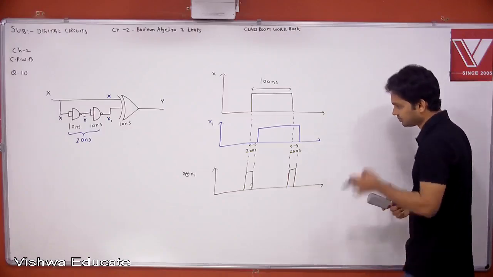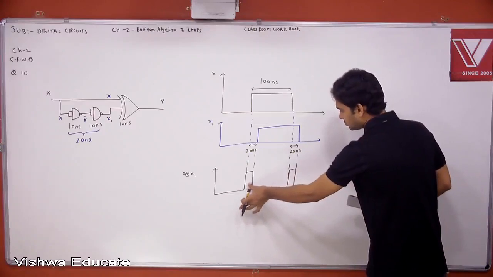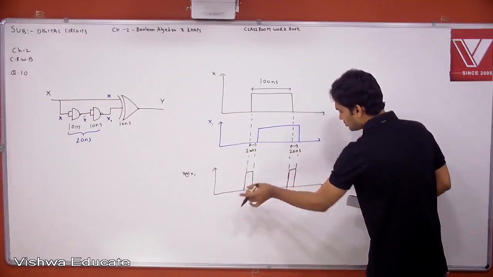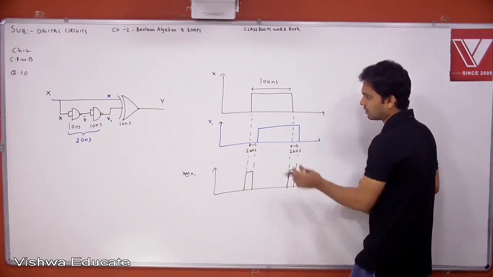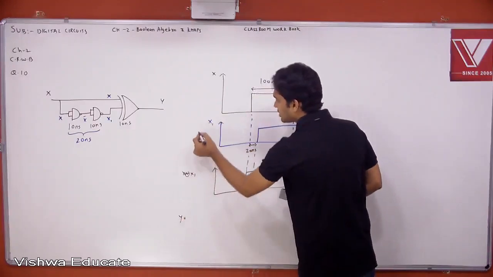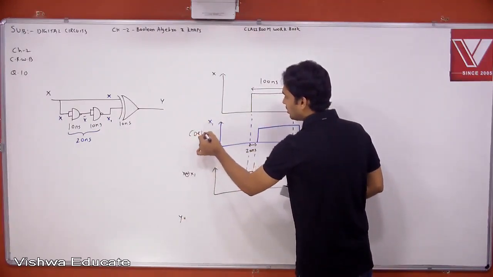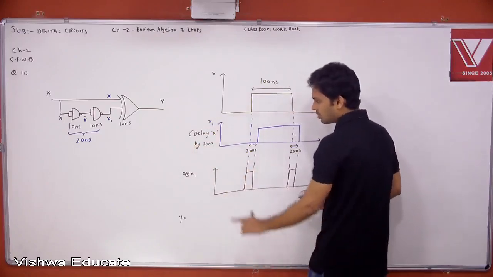Now see here. This is what we are expecting, but Y is also having a delay. What is X1? X delayed by 20 nanoseconds. What is X XOR X1 without delay?